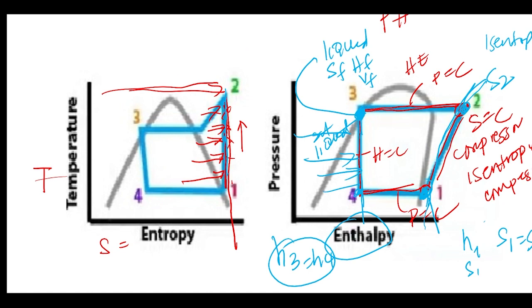For example, the refrigeration effect, which is H1 minus H4, because the refrigeration effect is the cooling capacity of the system. The evaporator is the one producing coldness, so the refrigeration effect is happening in the evaporator.